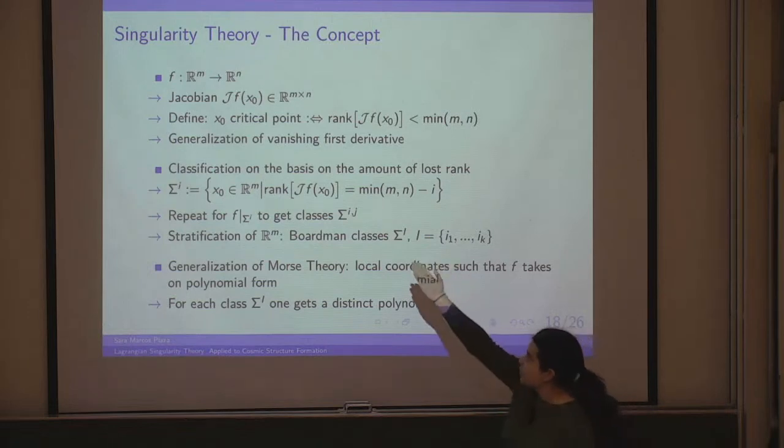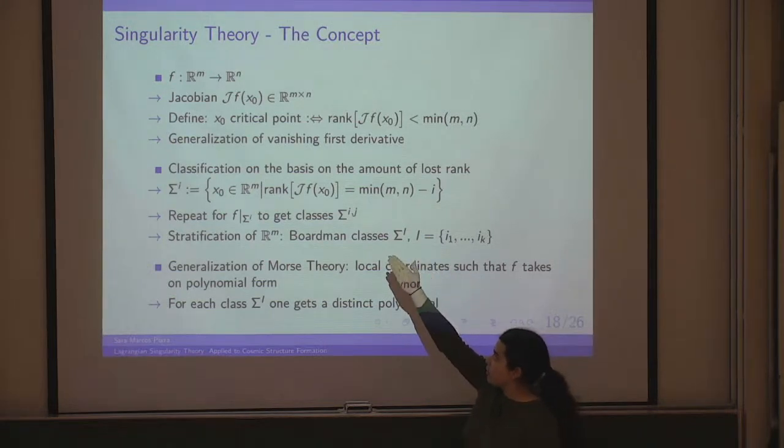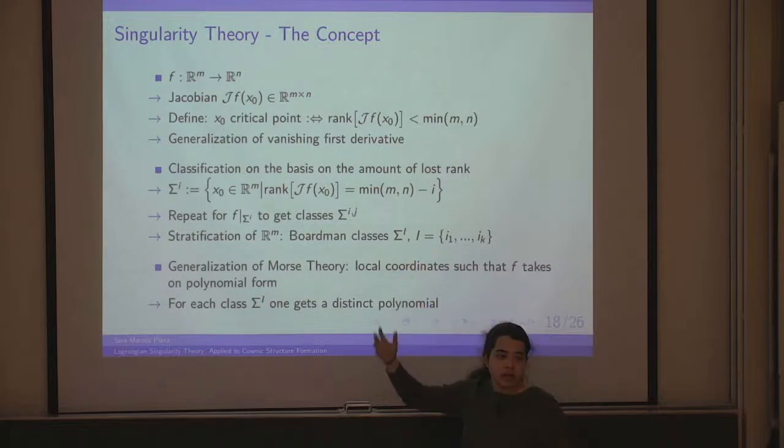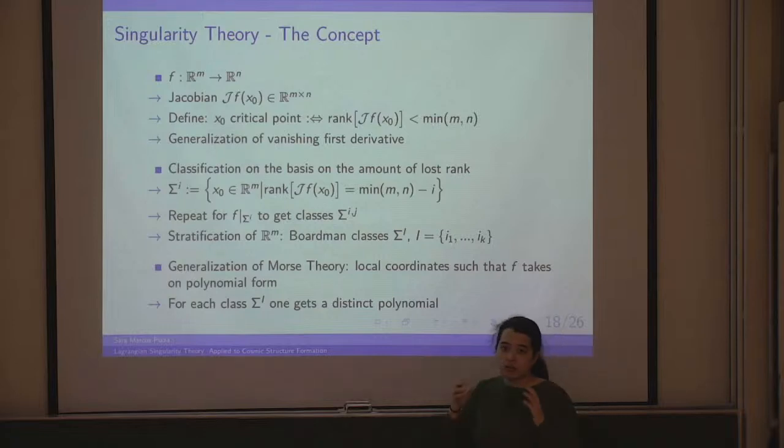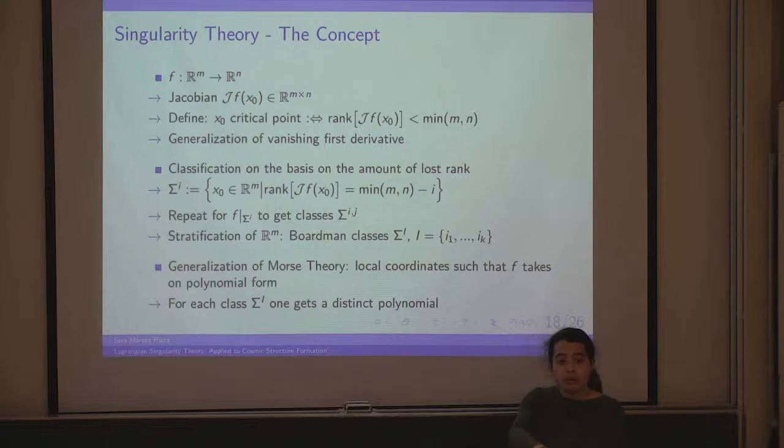So I take my function from R^m to R^n. You can extend this to manifolds by looking at charts, but this is not important here. And you take a look at the Jacobian, which is something like the first derivative. In the one-dimensional case, I would have a critical point where my first derivative vanishes. But for a matrix to vanish, you have to invest a lot of work.